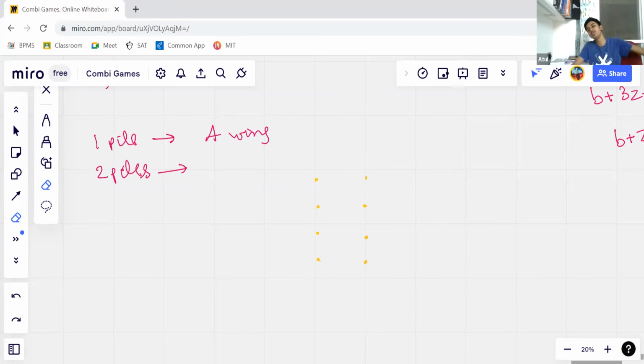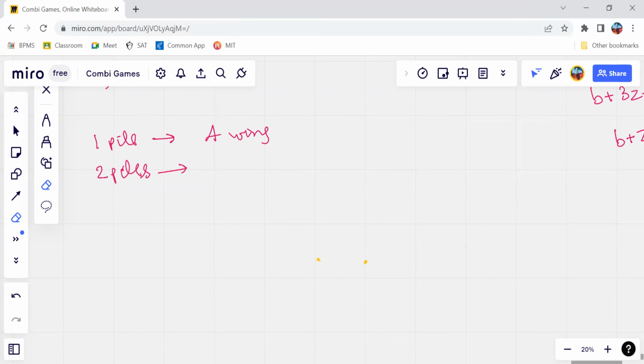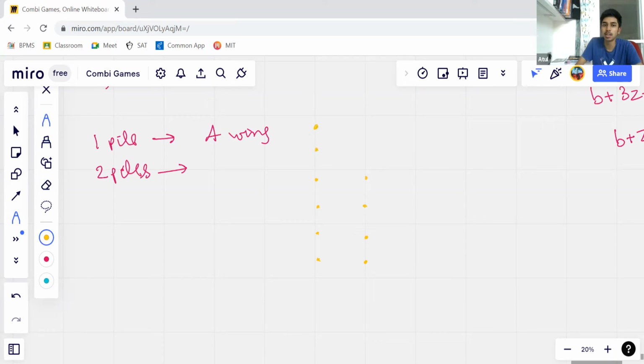And yes, you lose. B wins. So for this 2 pile thing, it's what we did at the first, just copying the other person. If both piles have an equal number, then however many you pick from this, the second player will just pick that many. So whenever one pile gets over, the other does too, by symmetry. And what if there is extra? Then the first player just removes stones so that it becomes equal, and then uses that strategy.